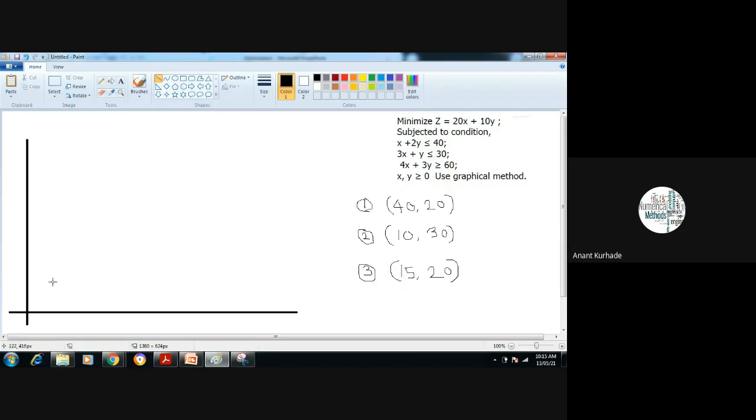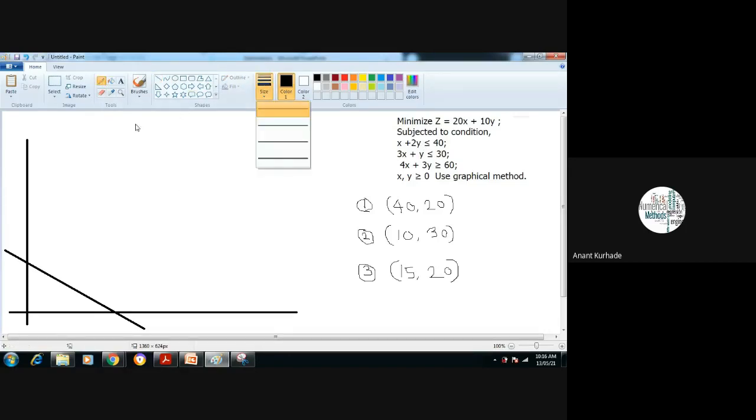Now take the horizontal x axis and vertical y axis. We can easily draw the first line, 20 comma 40. Extend this line and write its equation on it. The constraint is less than, so the visible region will lie exactly below.